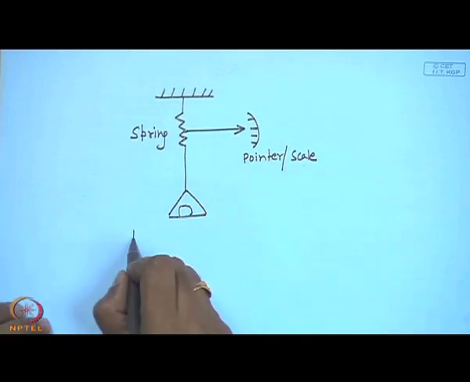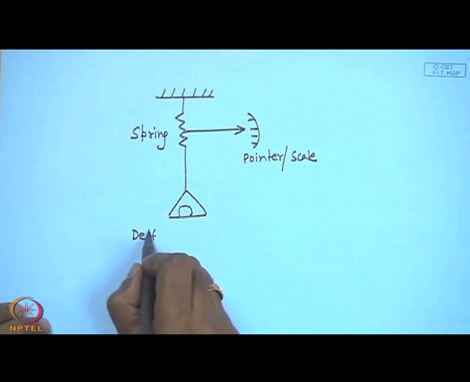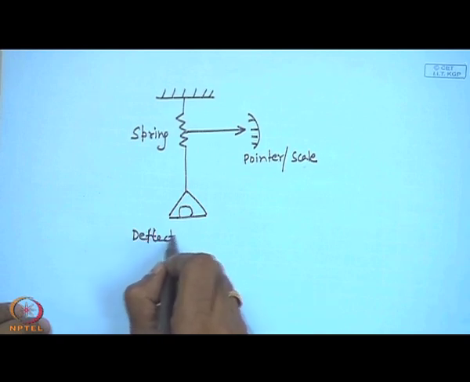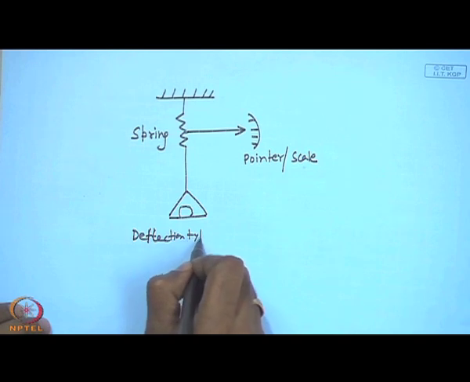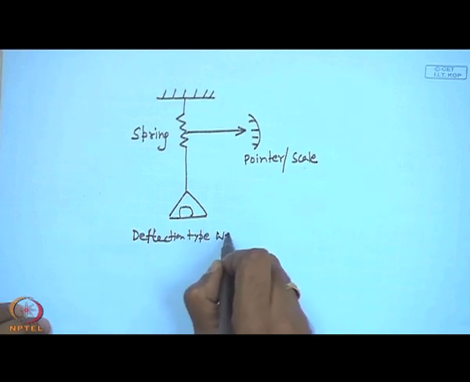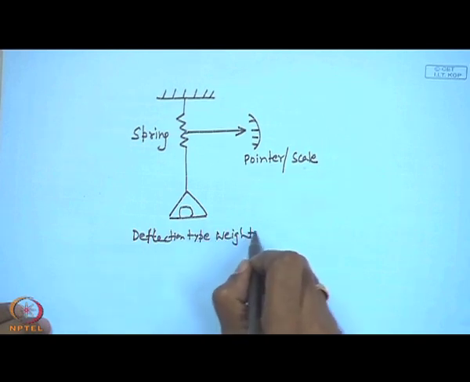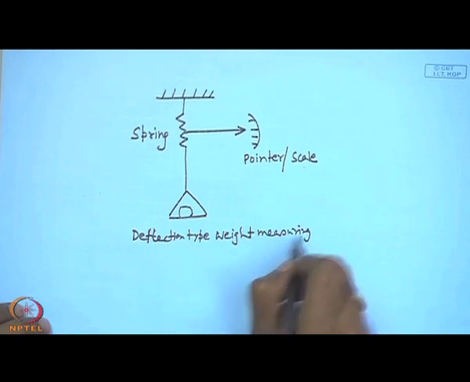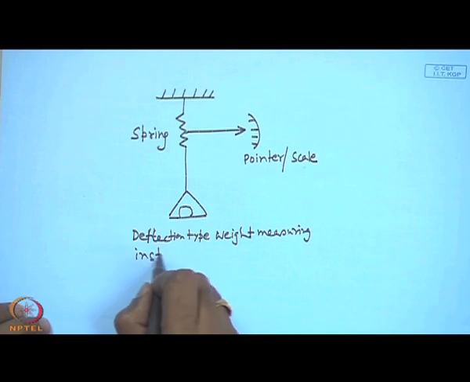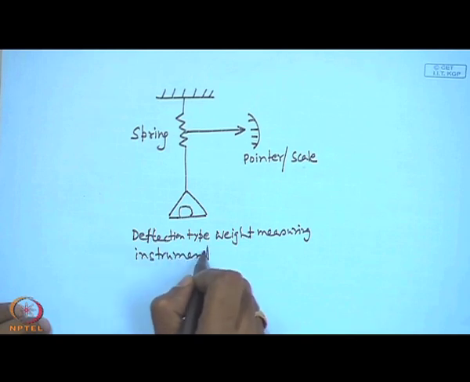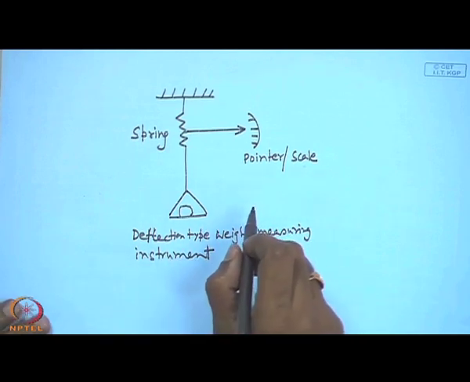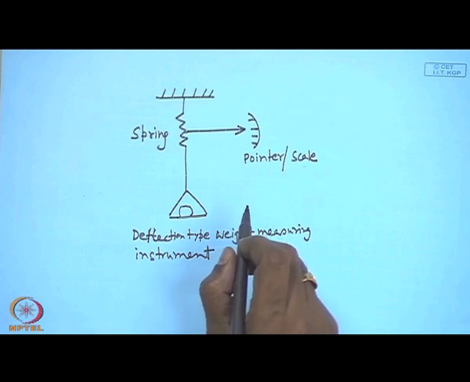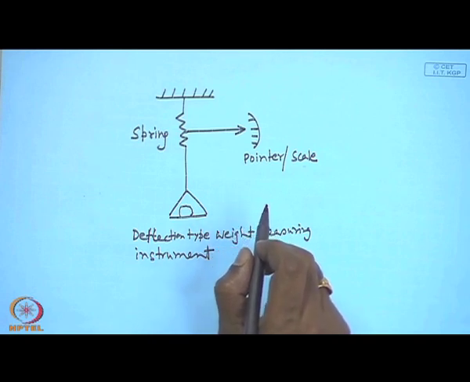So, this is a deflection type weight measuring instrument or a simple spring balance.